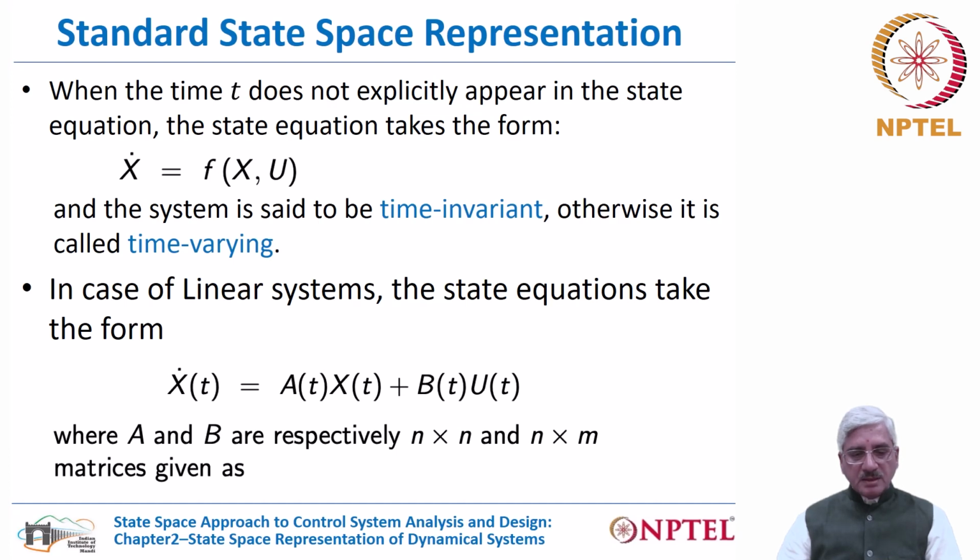If the system is linear, then the representation of the system changes to this form: x dot equal to Ax plus Bu.